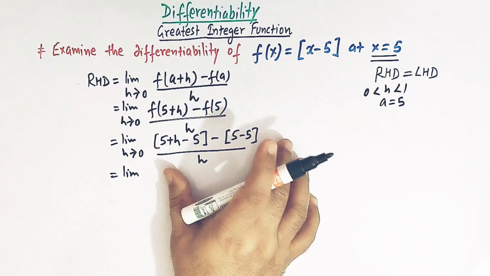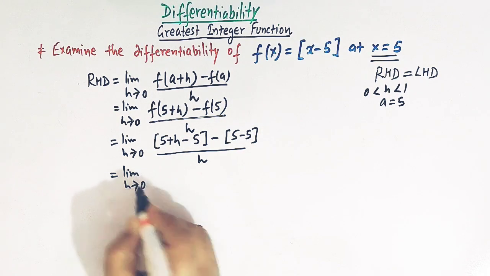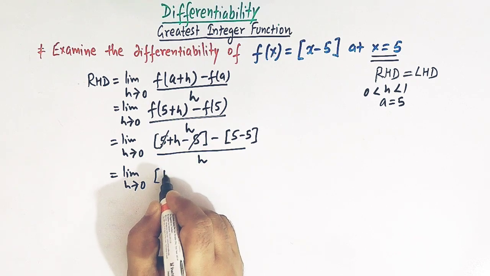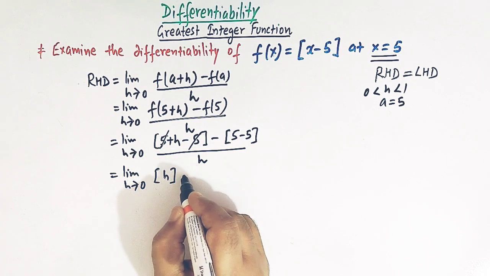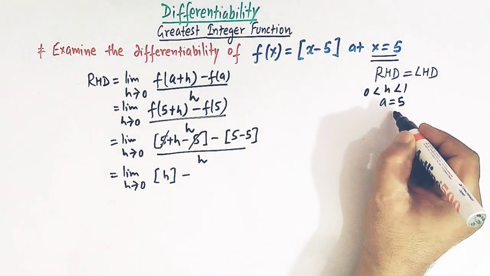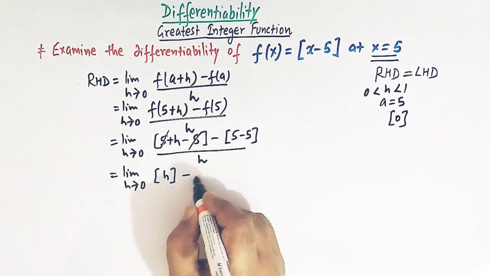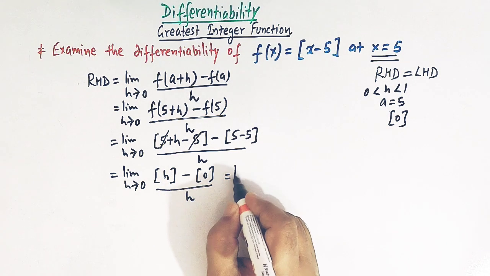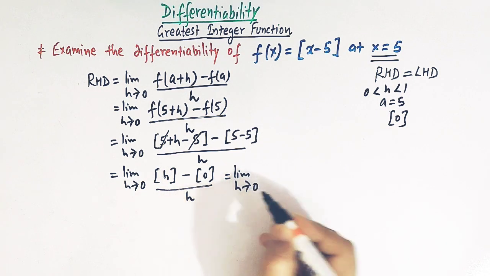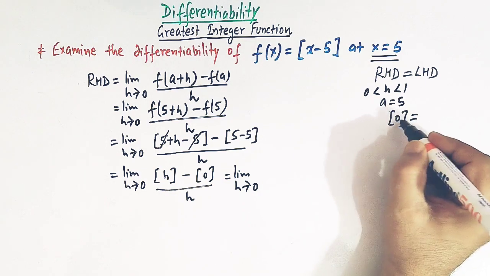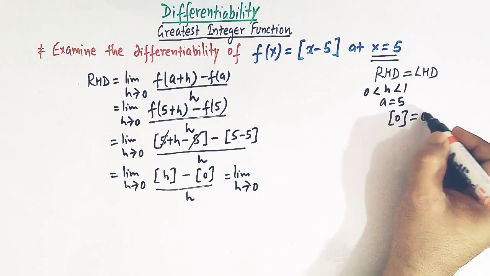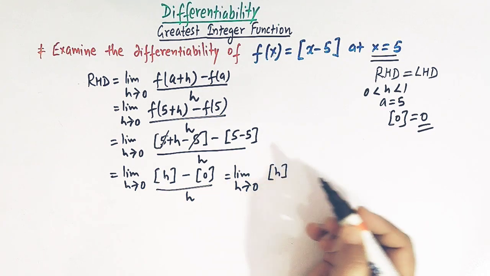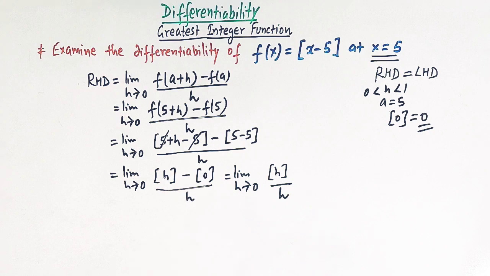Simplifying, we have limit h tends to 0, 5 and 5 get cancelled, so we are left with greatest integer of h minus greatest integer of 0, divided by h. We know that greatest integer of 0 is 0, so this is simply greatest integer of h divided by h.